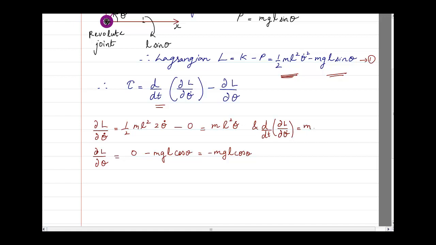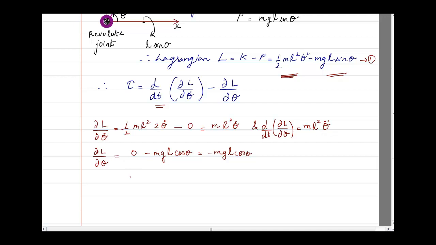So m and L have nothing to do with time; that means the mass and the length are not changing with respect to time. What is changing is theta dot. So if I differentiate it with respect to time, it will become theta double dot. Correct?